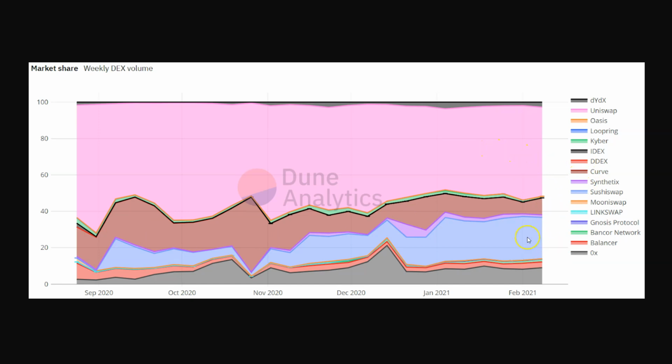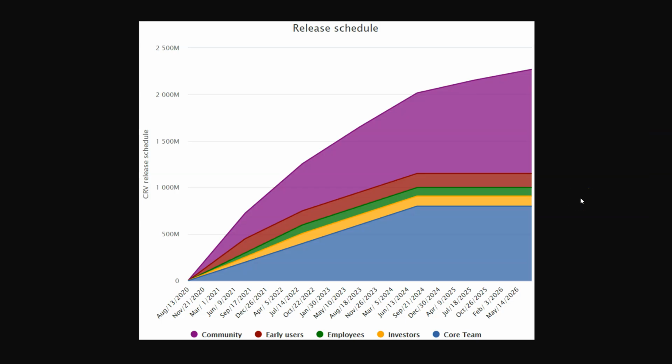There's Uniswap, SushiSwap, 0x, and Curve. If we look at the Curve token, the release schedule, so they have a 4-year vesting schedule on the token that they airdropped as opposed to these other platforms, Uni and Sushi, where they just kind of airdropped the token. Definitely a different approach.